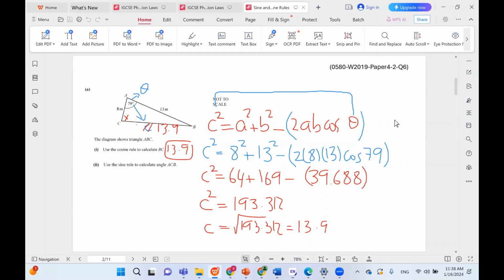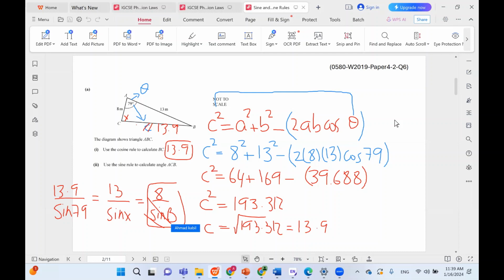So in other words, 13.9 over sine 79 equals 13 over sine x. And this is equal as well to 8 over sine angle B. But we don't really need this part. This is irrelevant to this question, so we don't really need it for now.